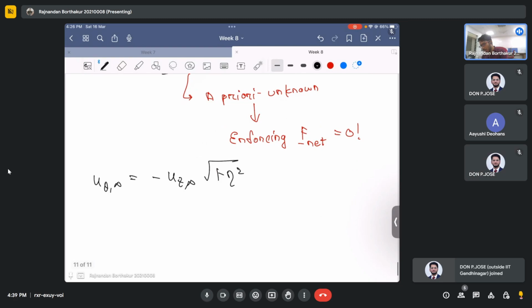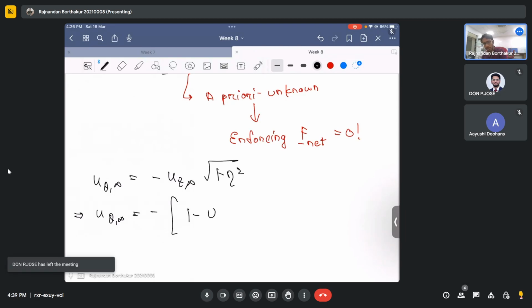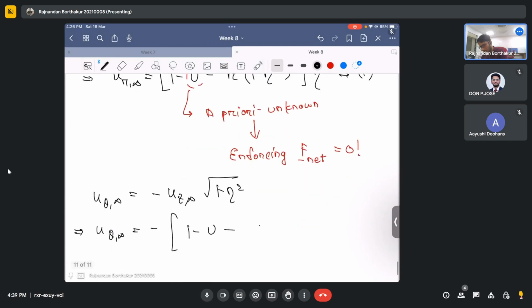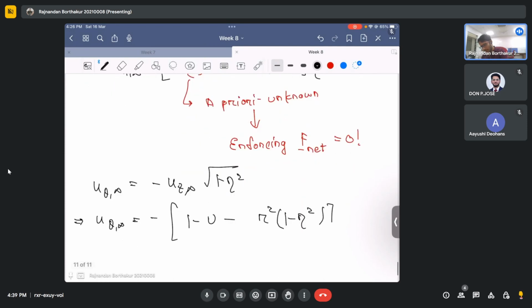If I substitute the value of uz infinity, u theta infinity is equal to minus 1 minus u minus r squared times 1 minus eta squared, multiplied by square root of 1 minus eta squared. All right, so this is u theta infinity.